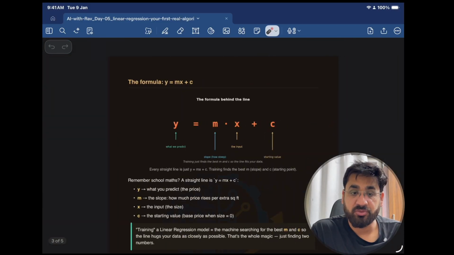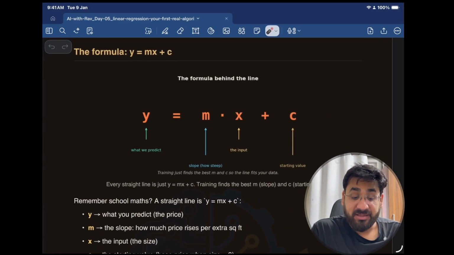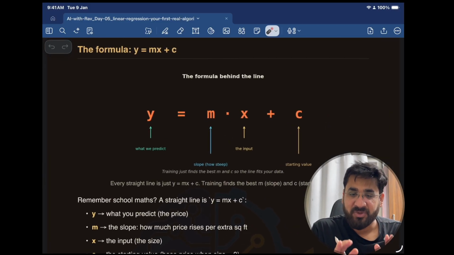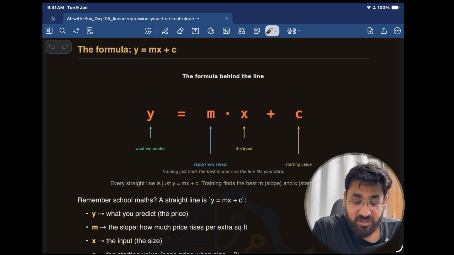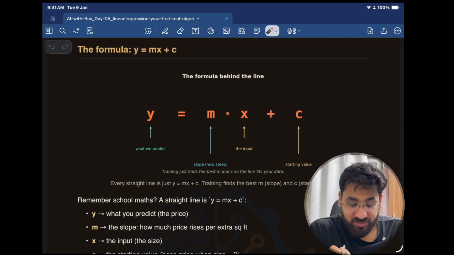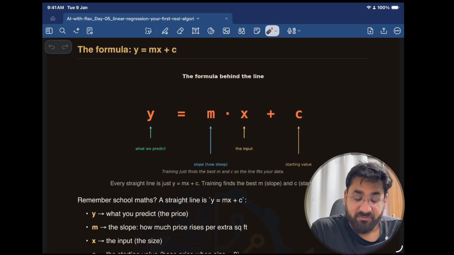Now let's jump to the next, the real mathematical formula, which you have also seen in class 6 or 9. This is a simple straight line. So what is y?